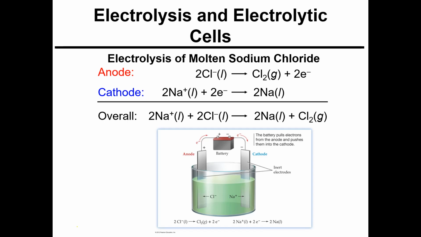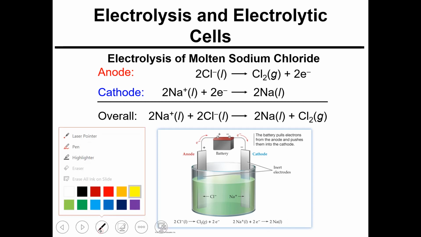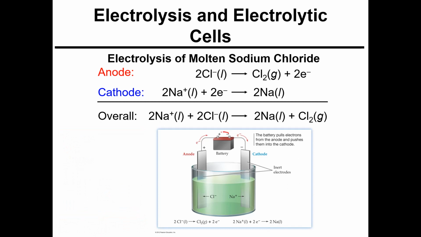You actually have to have a battery here, which pulls electrons from your anode and pushes them into the cathode. So the battery here has to do some work to cause this reaction to happen. This is not spontaneous by itself. So we're actually going to stop here, and this wraps up our electrochemistry.